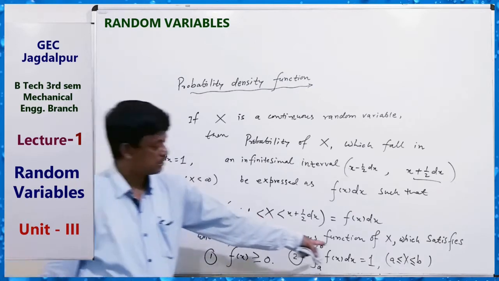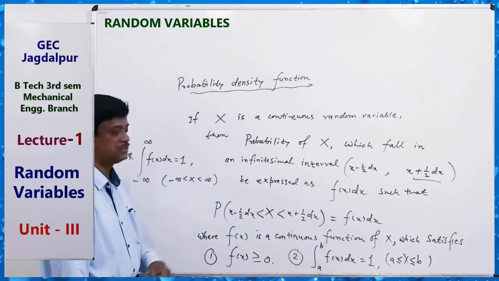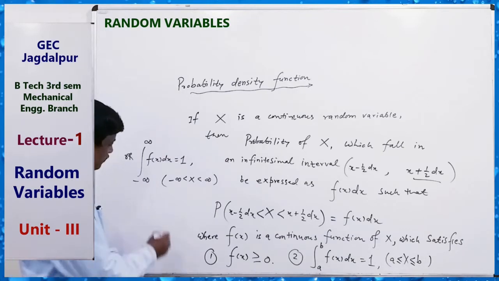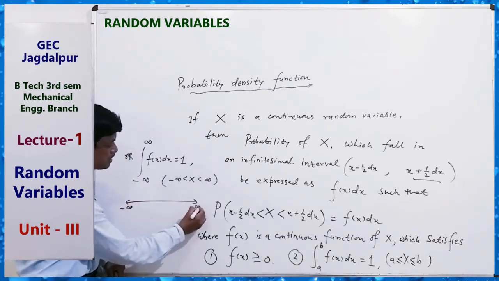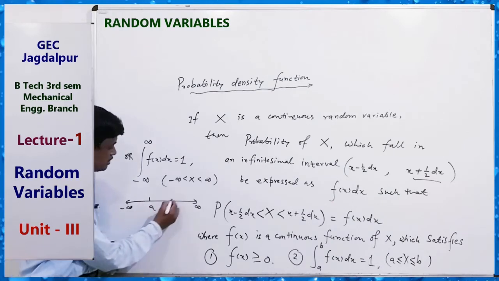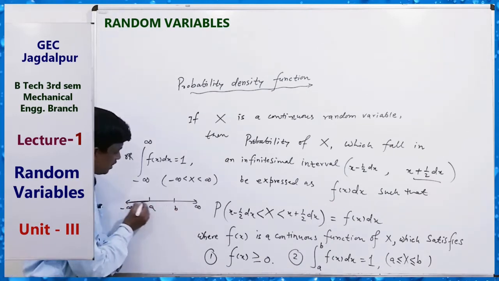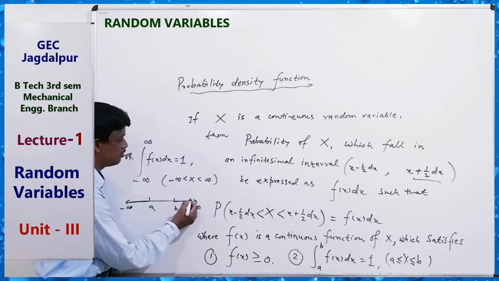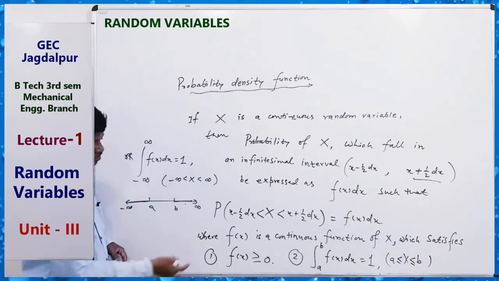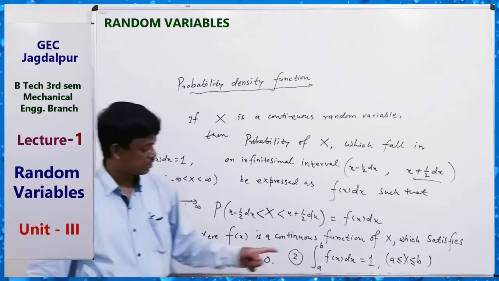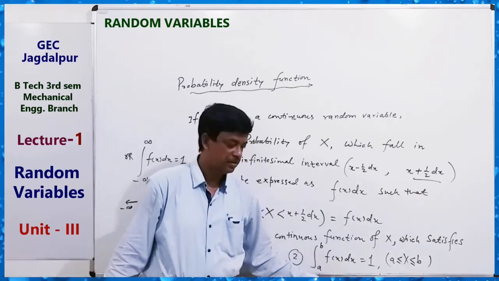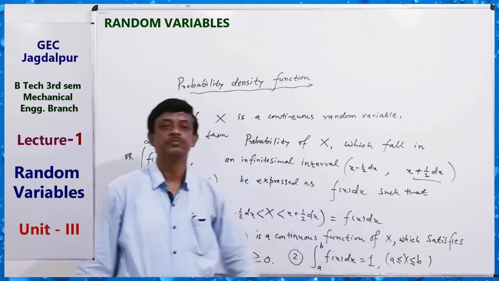We can write this or that, because if this is the line, with minus infinity and plus infinity, and this is a and this is b, then we can suppose f(x) equals 0 outside. Our actual calculation will be from where x lies between a and b.